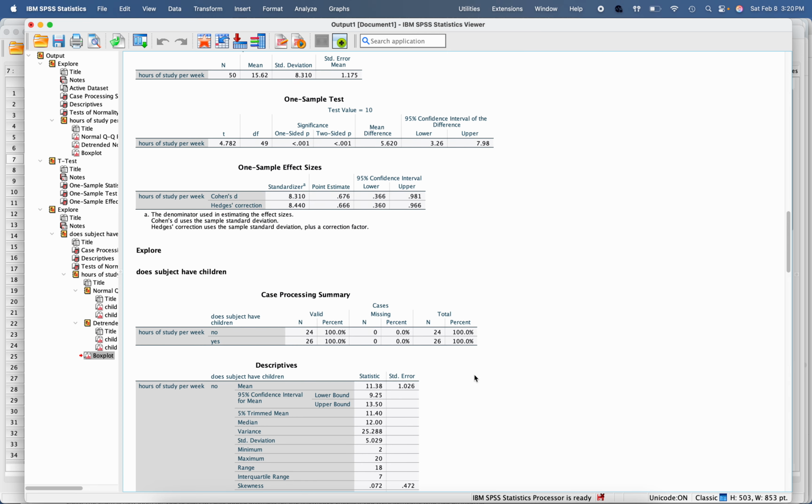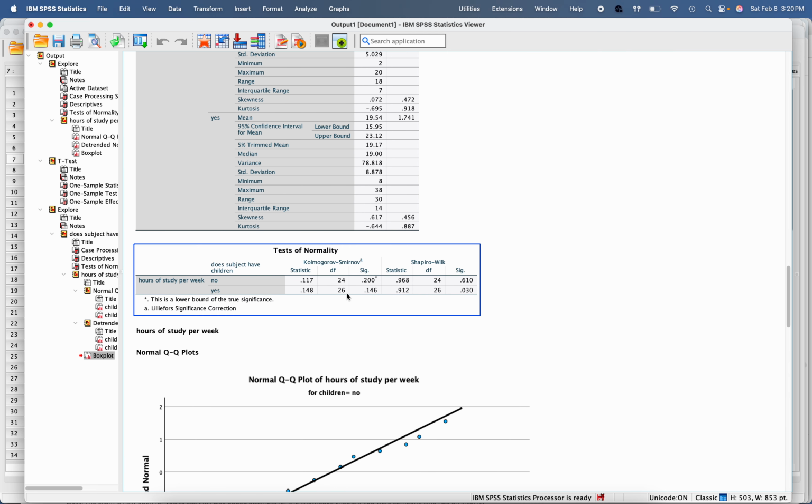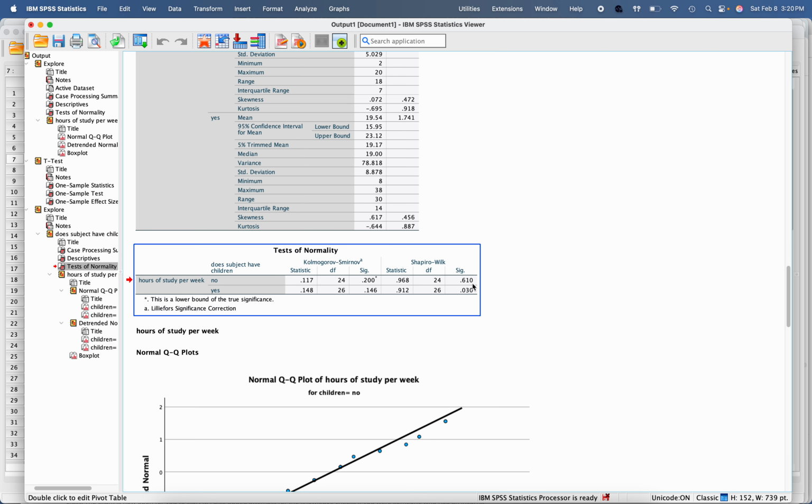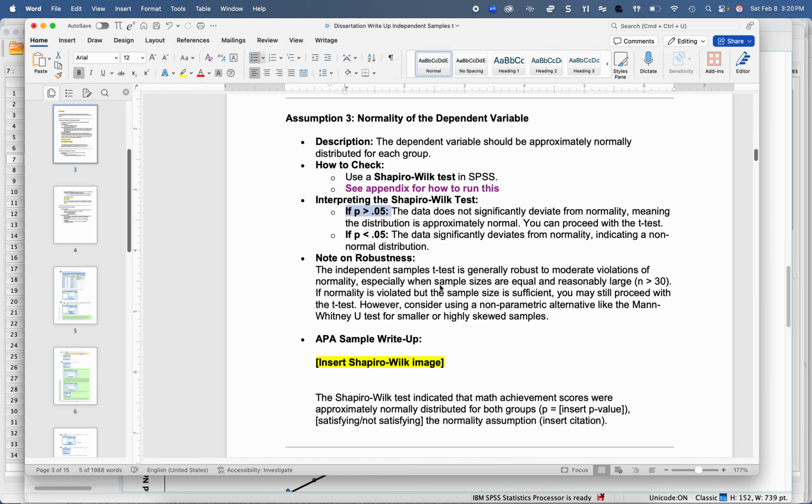So let's go back up to our table here for our test of normality. If I'm looking at the normal distribution, I'm going to check it for both groups. I'm going to look at the Shapiro-Wilk significance of 0.61, which is greater than 0.05, so this one does not significantly deviate from normality, meaning that it is a normal distribution.